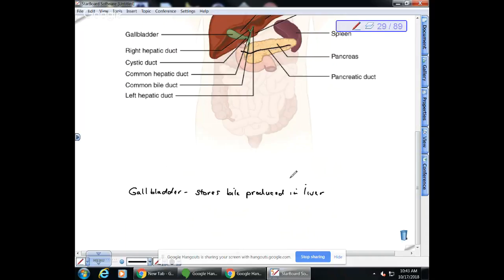Some people get their bile duct clogged up, or the cystic duct that carries the bile. You can get gallstones if you have too much cholesterol, too much fat. The bile can combine with the fat and produce gallstones. So gallstones block the duct.